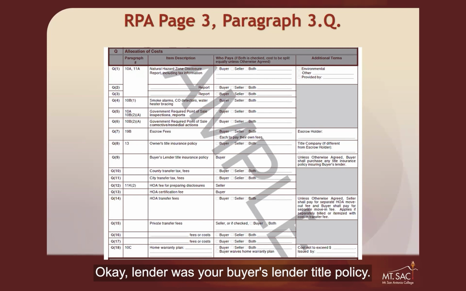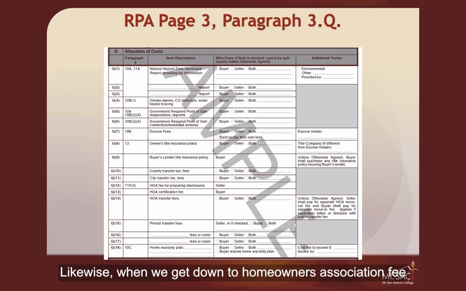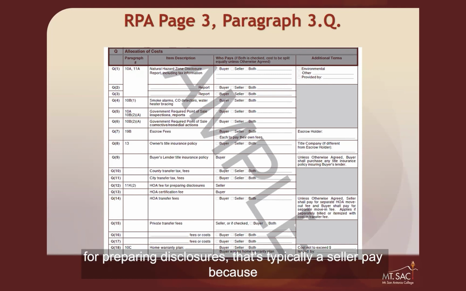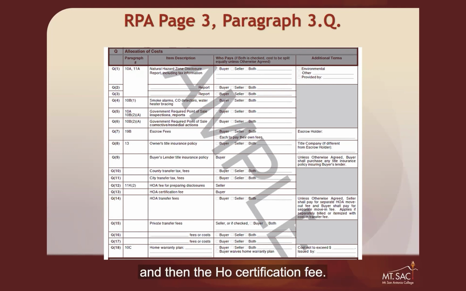Let's see, buyer's lender title policy. There's no box for that because that's a buyer pay, right? Likewise, when we get down to homeowner association fee for preparing disclosures, that's typically a seller pay because seller's required to provide those documents under state law. And then the HOA certification fee.